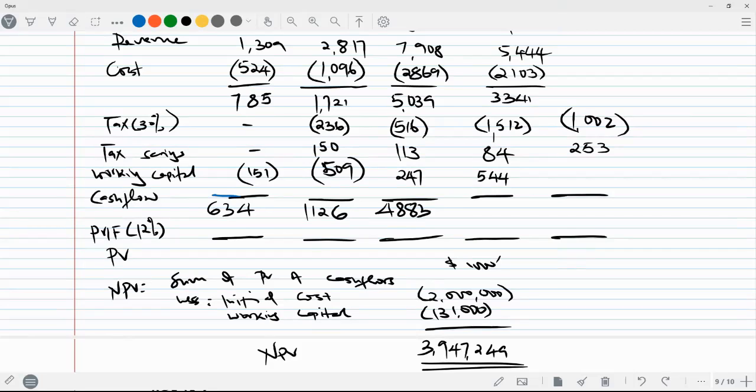That's a problem. Year four cannot be negative. Oh, okay. Let me just recalculate. It's 457. Work it out. In year four it has to be positive. So in year four the profit is 3341.